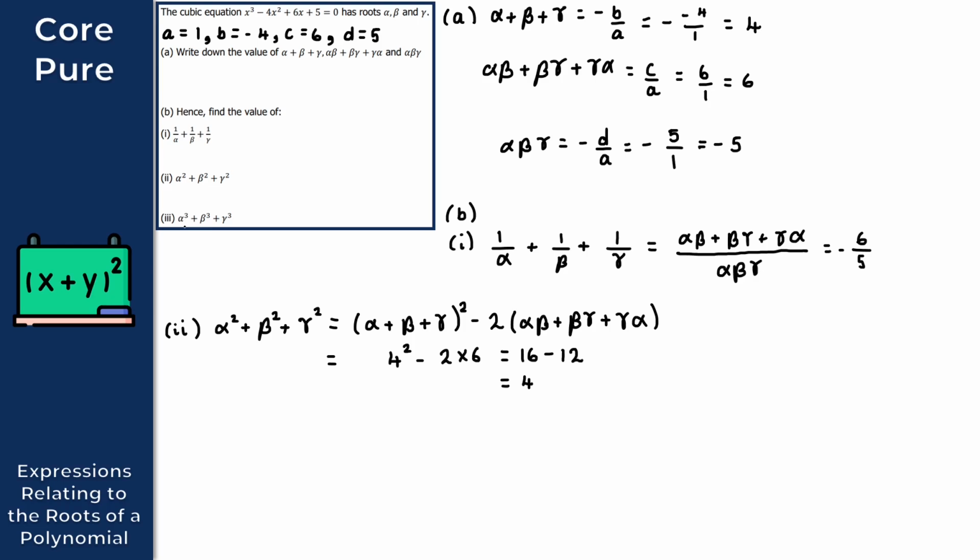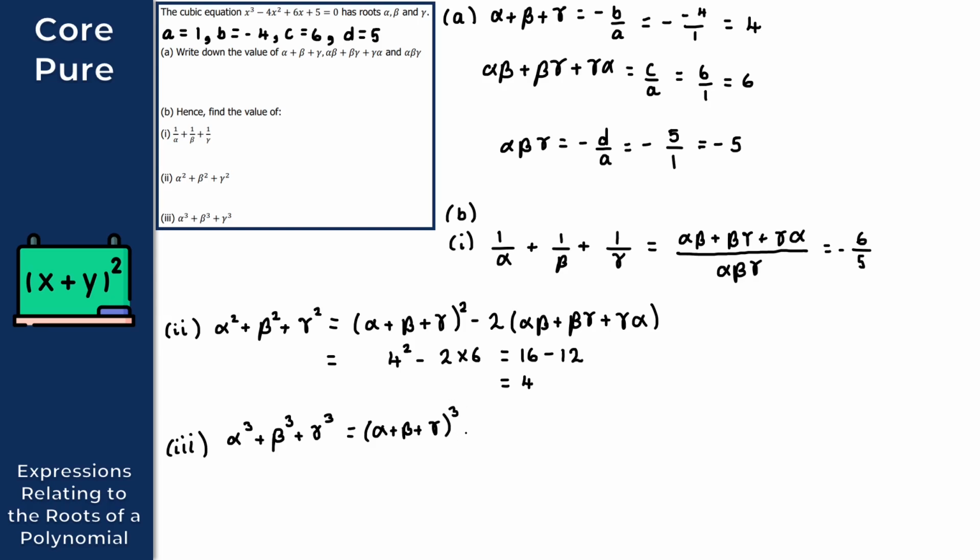And then finally, for the very last part of B, I've got alpha cubed plus beta cubed plus gamma cubed. Let's just write this down. To find the value of this expression, we need the following result: alpha plus beta plus gamma all cubed.